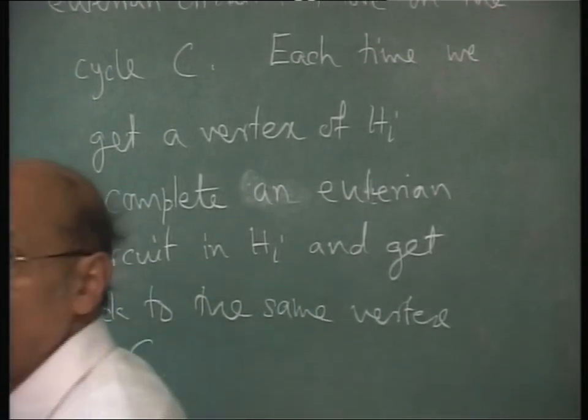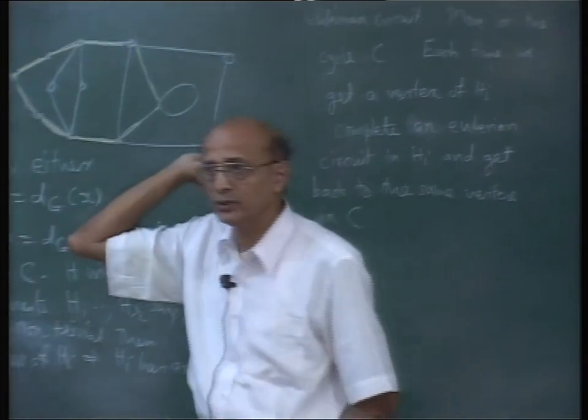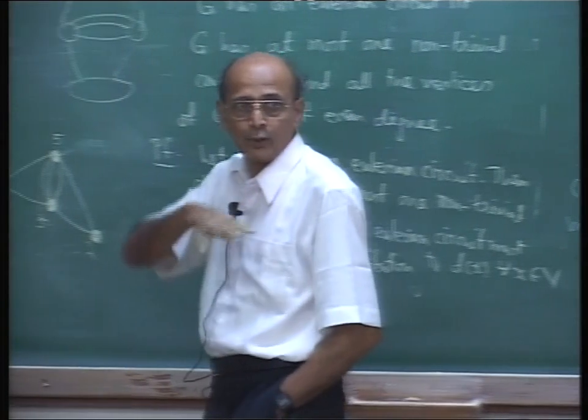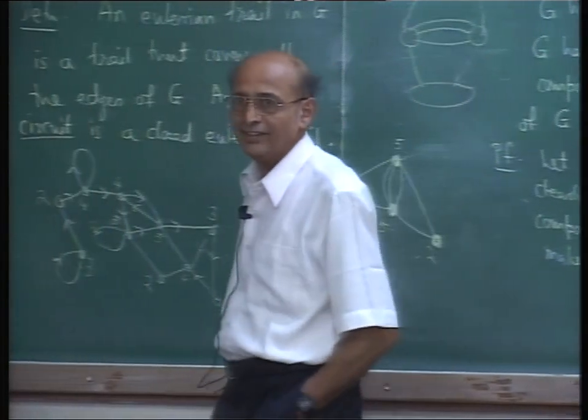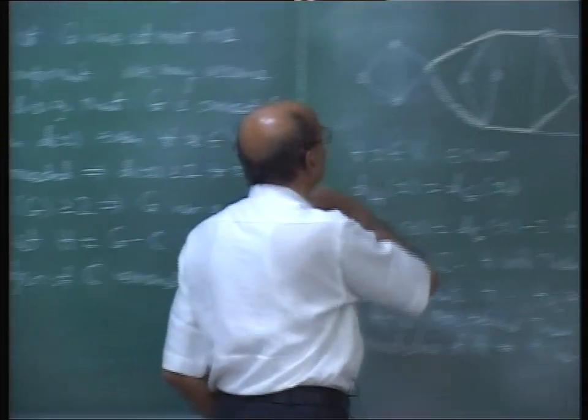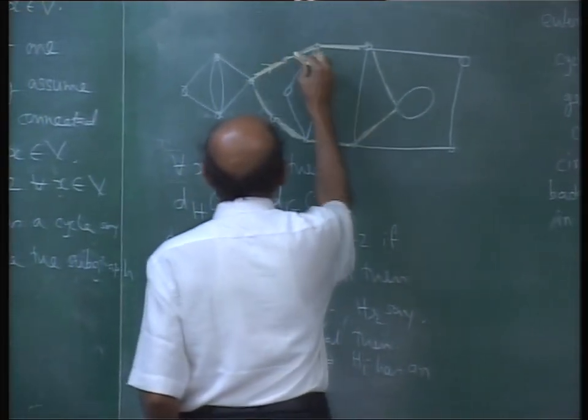In C, I know how to move. There are in fact only two ways of moving in C, either clockwise or anti-clockwise. I can just choose a direction. For example, I can choose to move this way, this way.